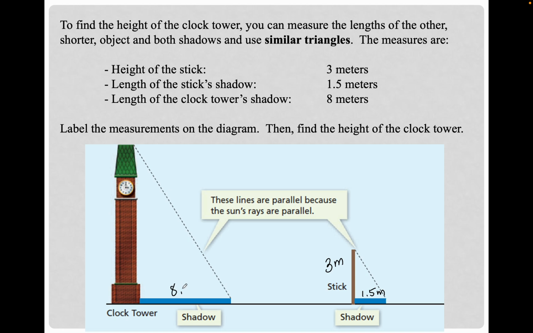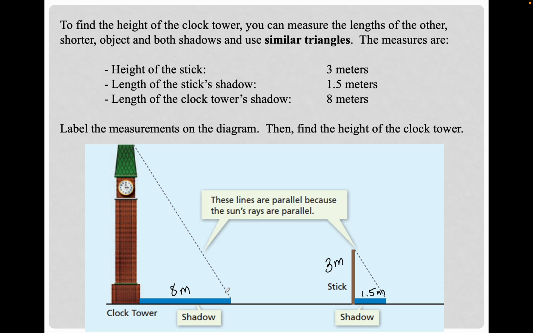So the idea here is that the shadow is easy to measure because it's flat along the ground. These dotted lines are showing the angle at which the sun is hitting both of these objects, which creates the shadow on the ground. This has to be done at the same time of day so that the sun is hitting both objects at the same angle.